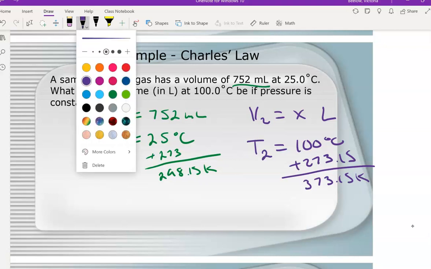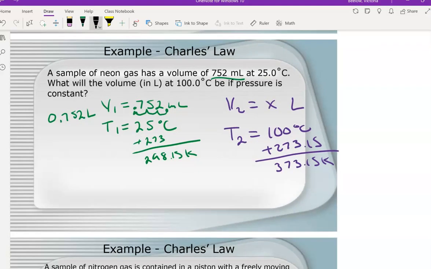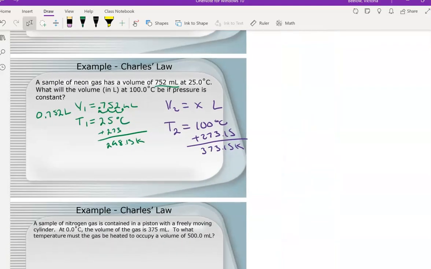All right, now what's important is that right now this volume is in milliliters, but for the final answer for volume, we want it in liters. So I'm going to go ahead and convert this before I even plug into my equation. So I'd have to move 1, 2, 3 decimal places to the left. This is 0.752 liters. So I always like to do that first before I even plug into the equation.